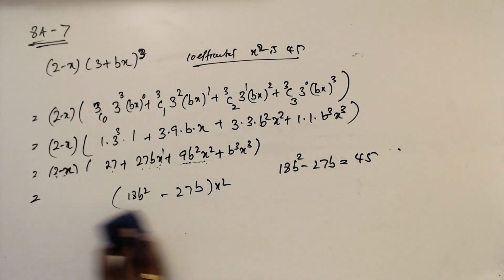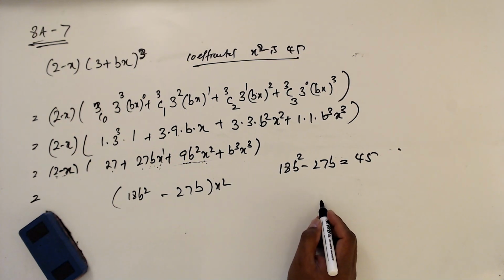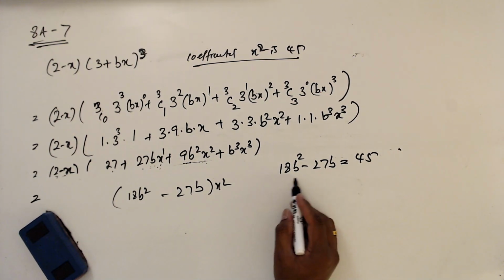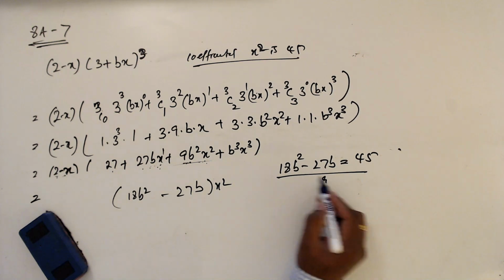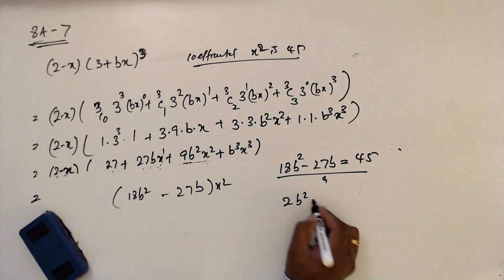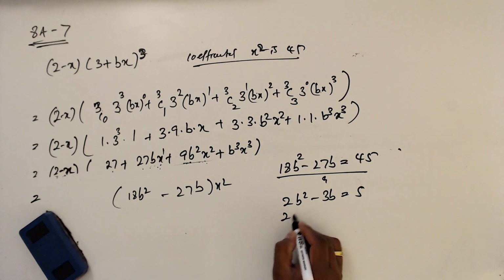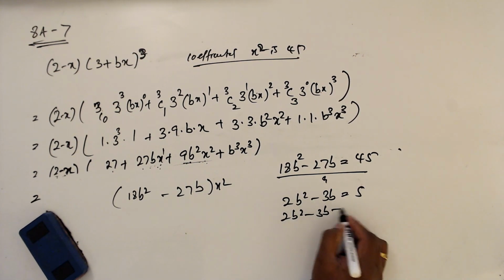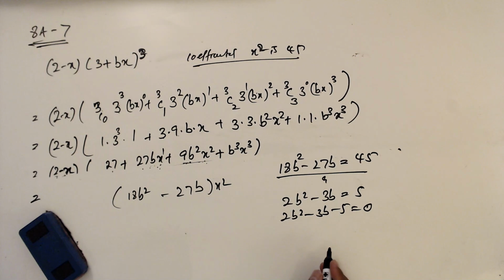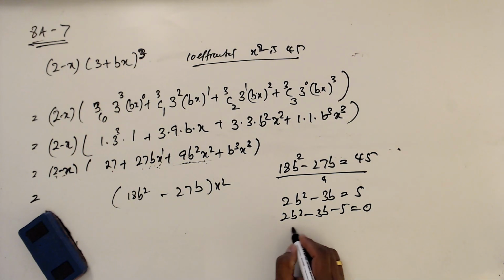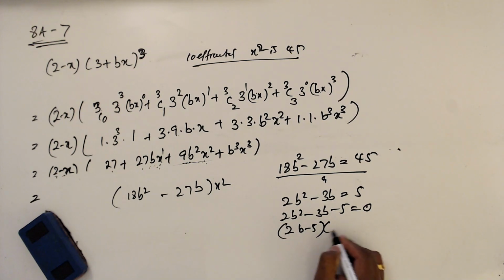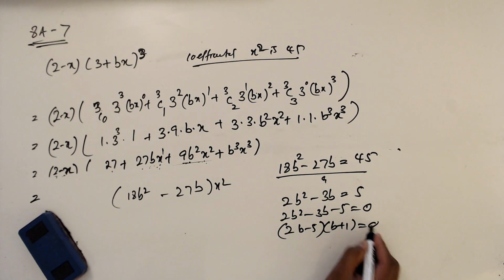45. Now we have to solve this equation. I can see that I can divide everything by 9. This is 2b square, this is 3b, and this is 5. So 2b square minus 3b minus 5 equals 0. So we can factorise: (2b minus 5)(b plus 1) equals 0.